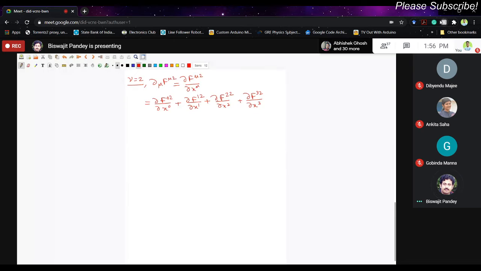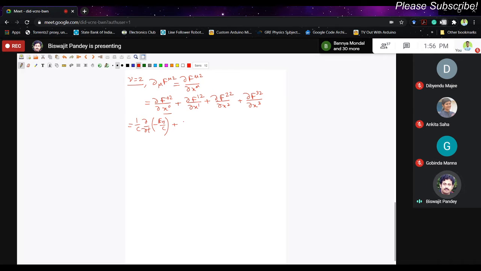Again, you have to remember the form of F mu nu. The first row is 0 1 0 0 0 0 1 0 2. That means you have minus Ey by c, that is the y component. Del x0 is 1 over c del t, and then this is the y component, minus Ey by c. If you remember, the third element in the first row is minus Ey by c.